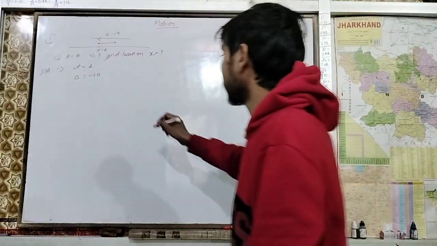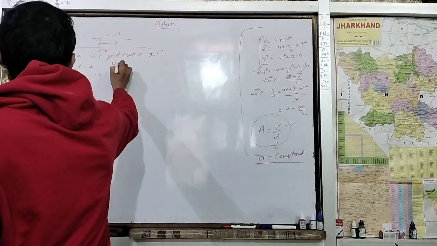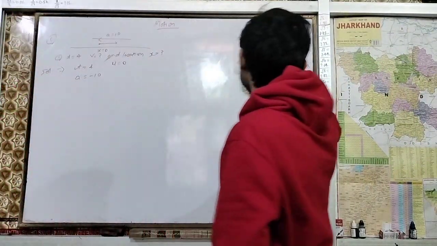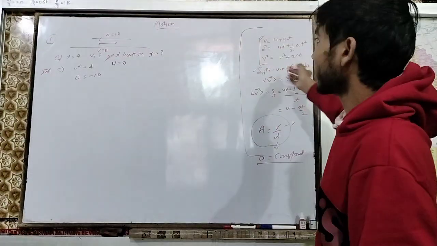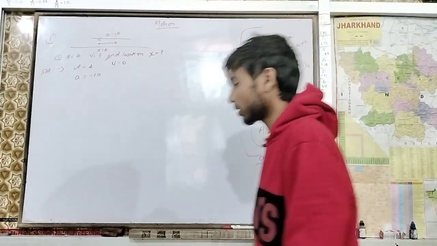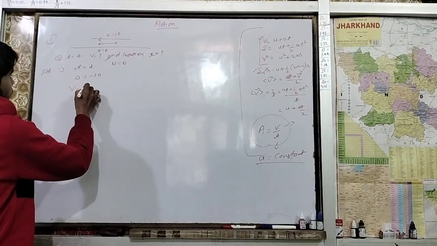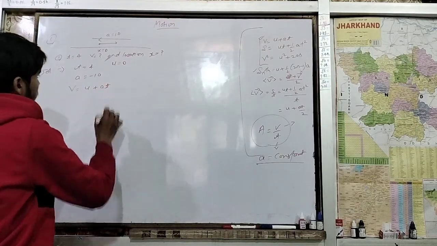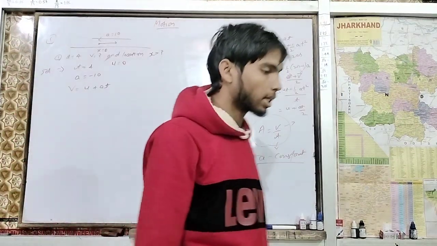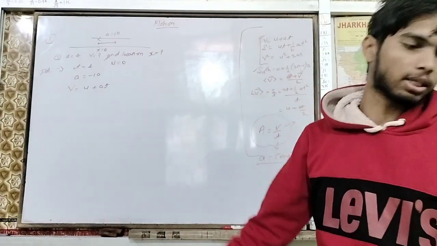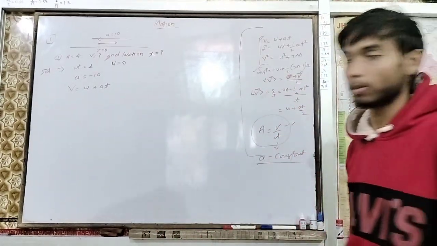U is also given. The initial point is 0, a is minus 10, and t is also given, which is 4. In that case, now we are able to calculate v. So v equals u plus at. From this equation we get the value of v, and the question is asking for this value of v.